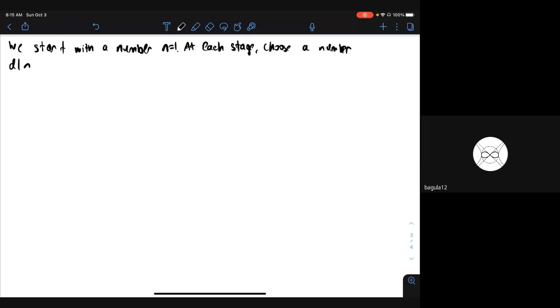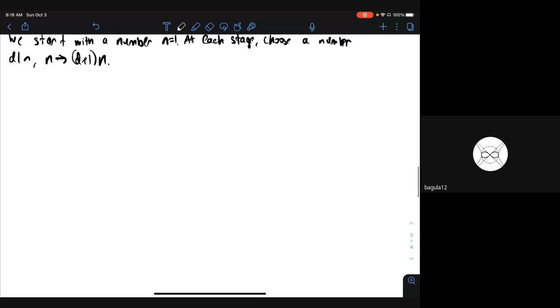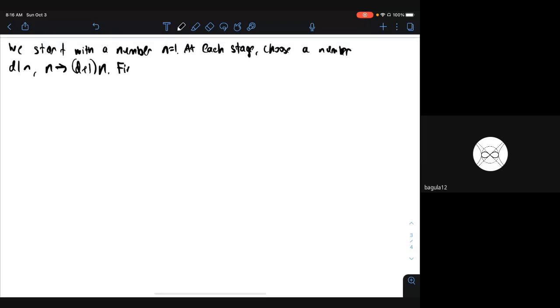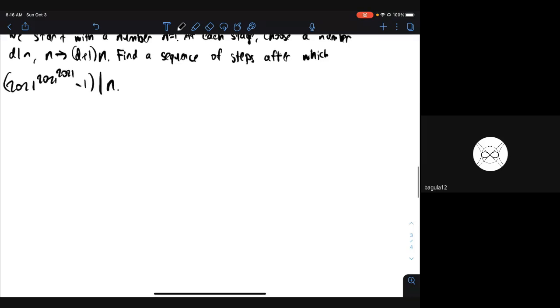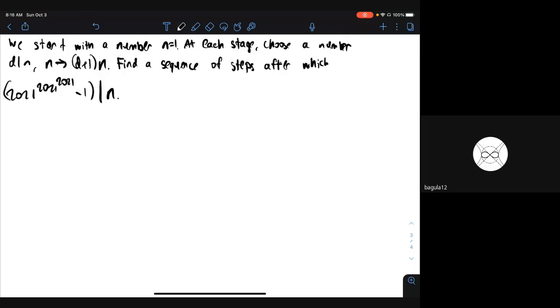At any stage we choose a positive number d, which is positive here clearly, such that d divides n, and then take n to d plus 1 times n. So find a sequence of steps after which 2021, the 2021, the 2021 minus 1 divides n. So we want an algorithm after which this big number will divide n.